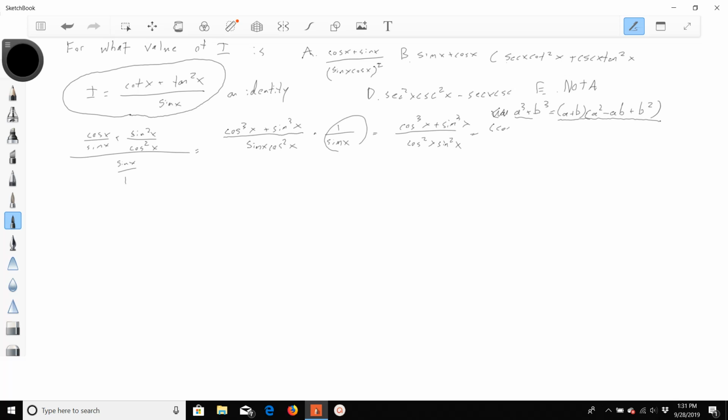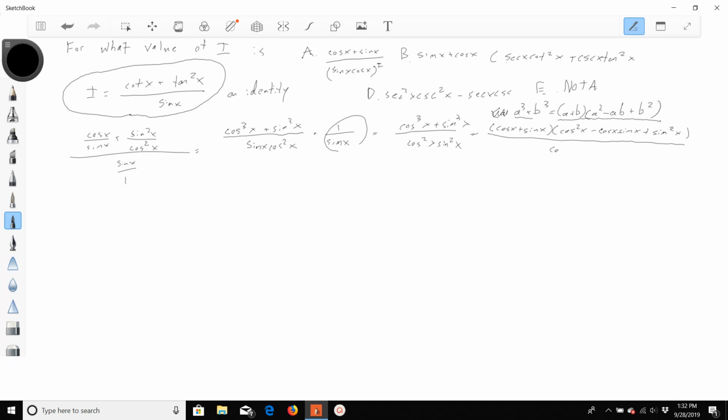So let's simplify this. We're going to get cosine x plus sine x times cosine squared x minus cosine x sine x plus sine squared x, over cosine squared x sine squared x. This doesn't really look very simplified, does it?